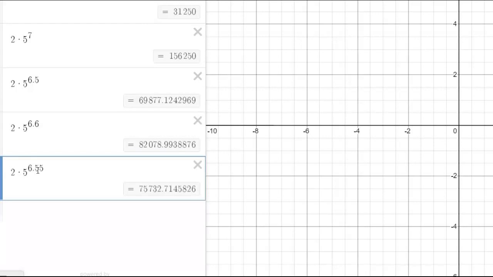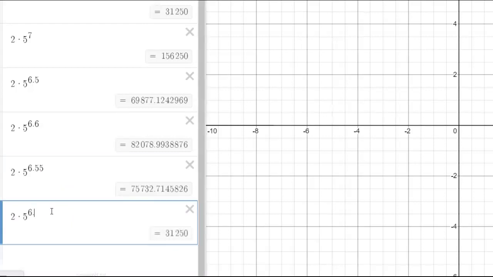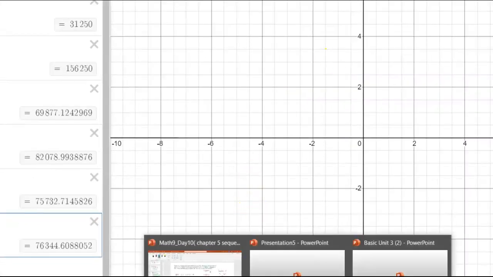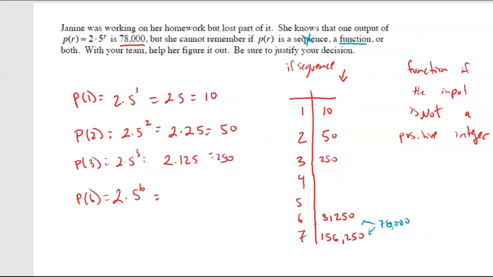Let's just try the power of 6.55. All right, getting closer, right? 2 times 5 to the power of 6.555. Right? So again, notice that the more numbers that we add, the closer we're getting to 78,000. Not that we have to actually figure that out, but notice that the numbers I'm plugging in, this is the key. I'm plugging in decimals. Okay, so I'm not plugging in an integer, which means that this is not going to be a sequence.